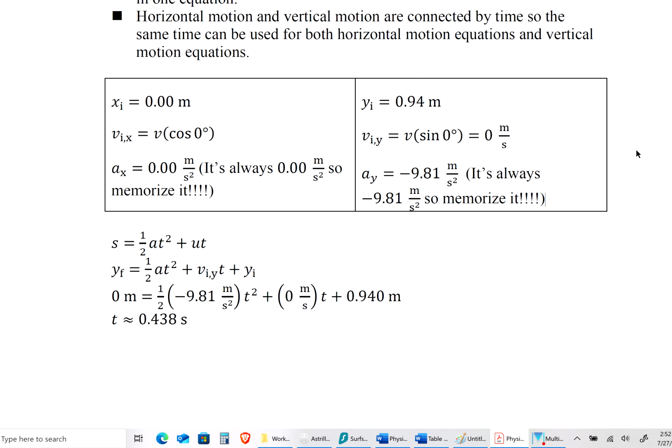We want to solve for time. Y initial is 0.94, Y final is 0, V initial y is 0, A sub y is minus 9.81. Because I'm saying positive y is up and negative y is down, acceleration is always towards the center of the earth.